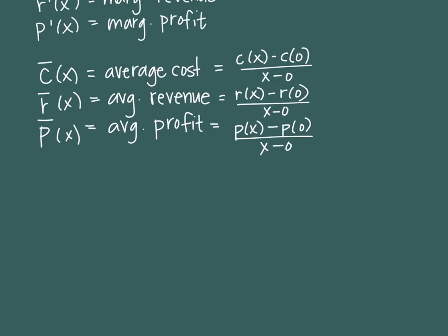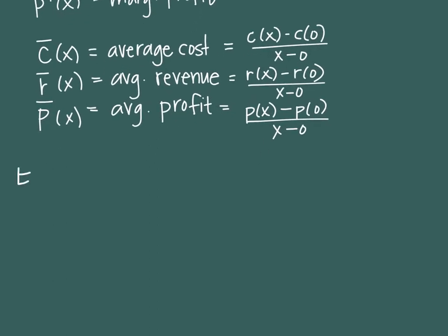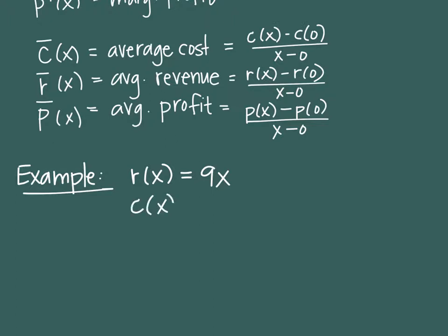So here's an example of how that would work. Here's a company. The company has R of x, their revenue, as 9x, so they're getting $9, or $9,000, whatever, for every unit. Their cost equation is x cubed minus 6x squared plus 15x.